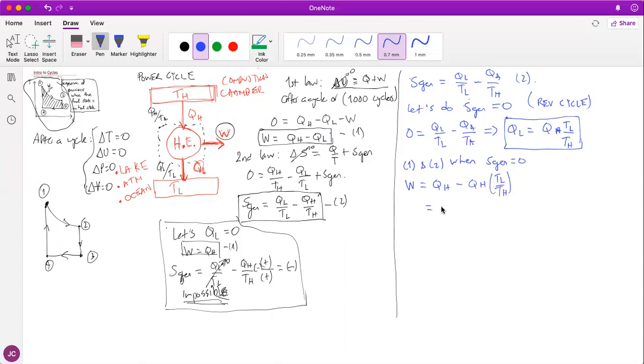Therefore, if you do some algebra, it's not very hard, W equals QH times one minus TL divided by TH. Now, take a look at this. What I'm trying to show is this: if you want to convert something into work, you need to put in some heat, okay? That's what you need to do.